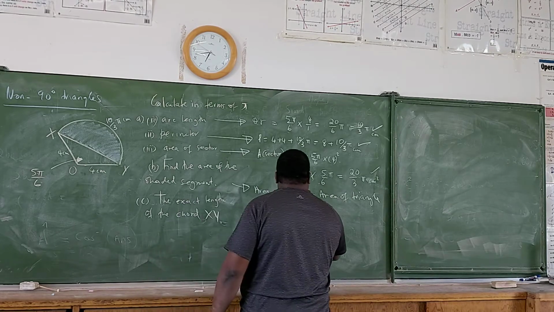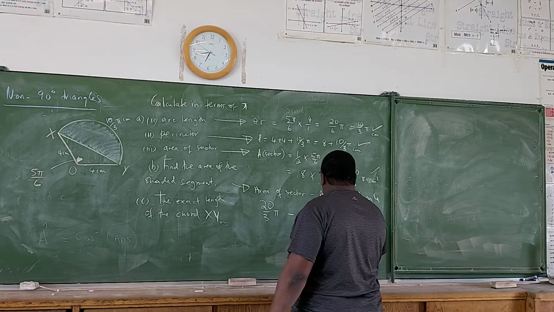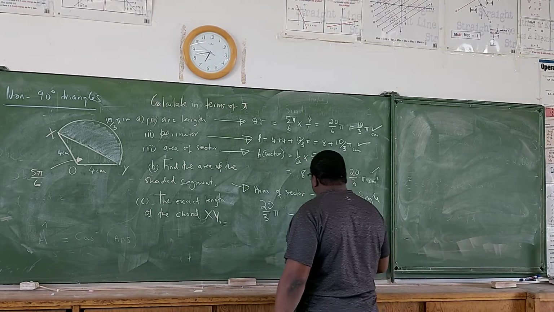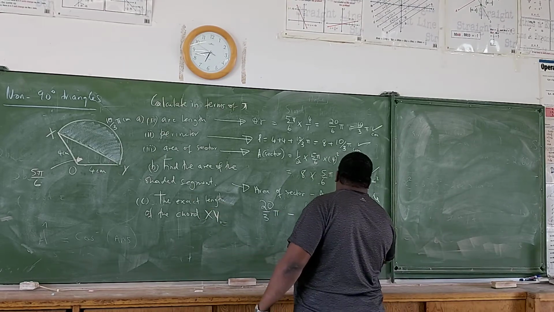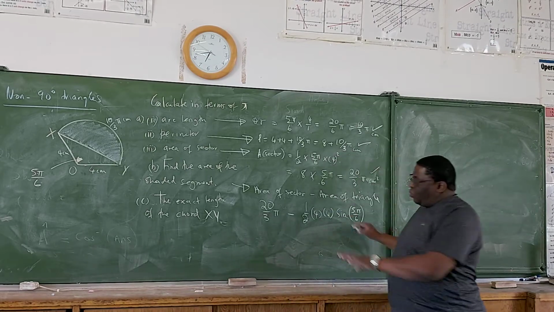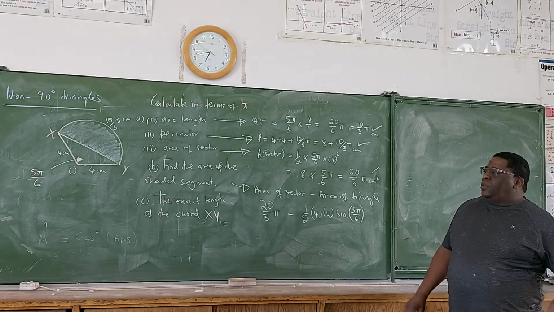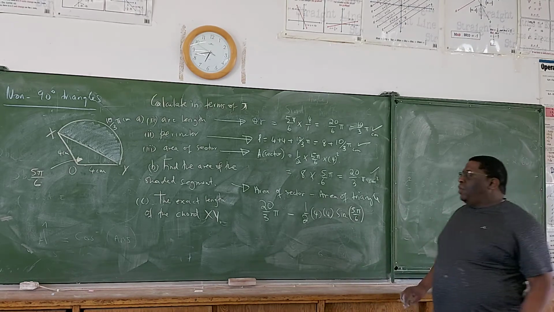We're going to subtract half times 4 times 4 times the sine of 5 pi over 6. Here we didn't say give your answer in terms of pi, so you have to give me the whole answer and then the rounded answer.